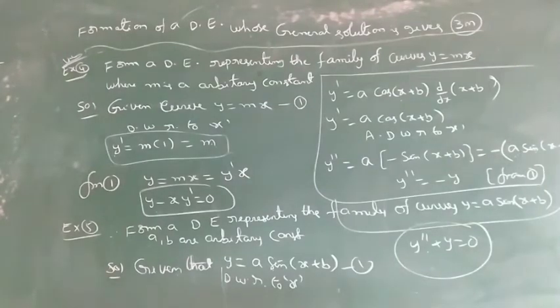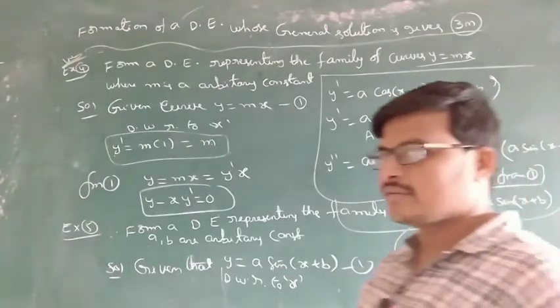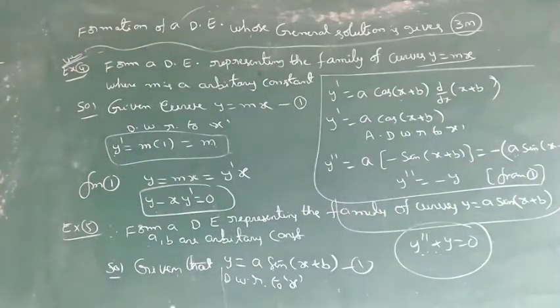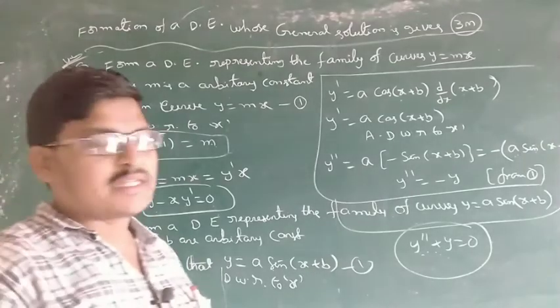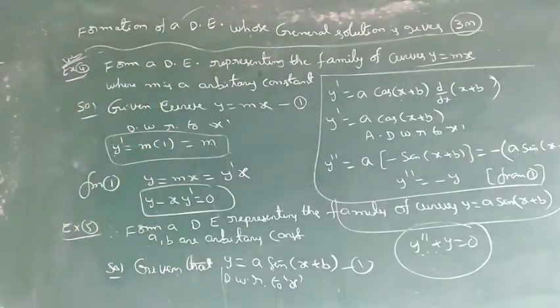Which type of answer do we have to come to? Without arbitrary constants. This is the final answer. These 2 problems are very important, and in this method these 2 problems are important.